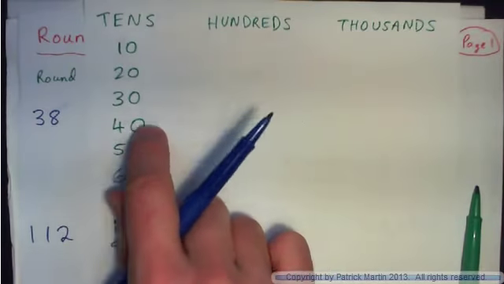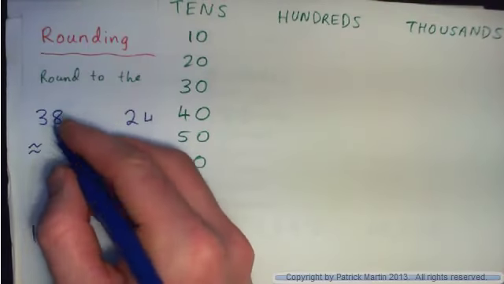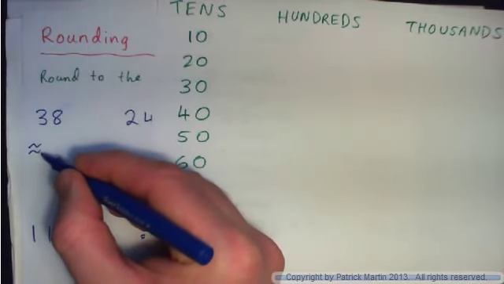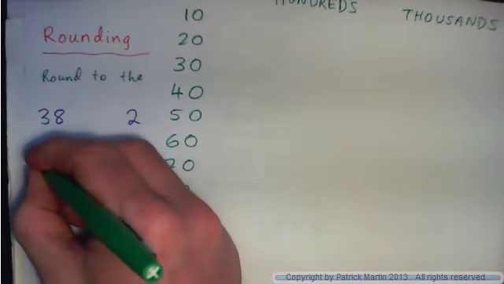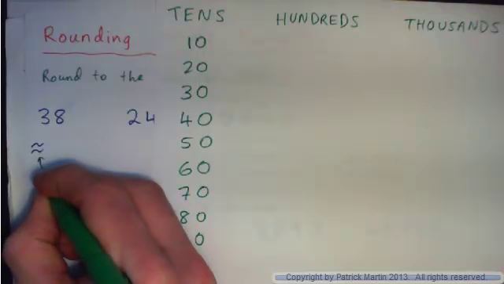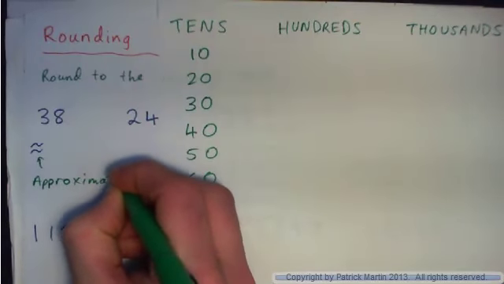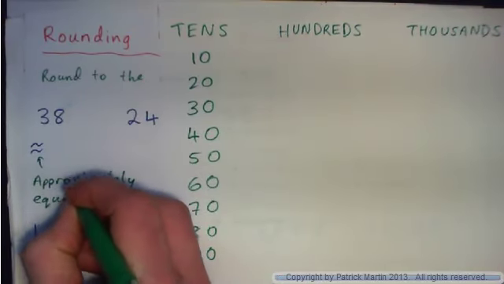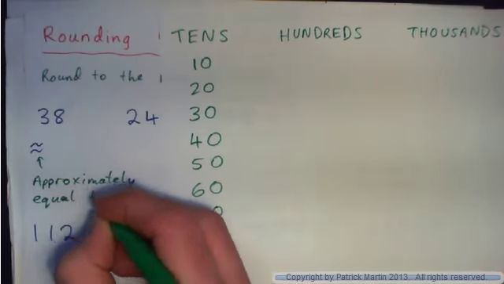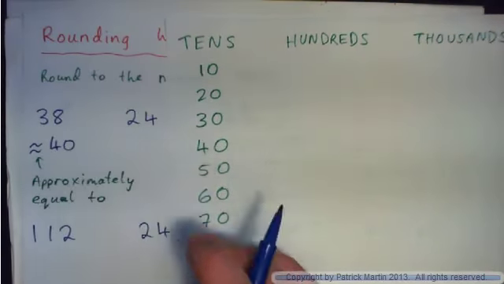And so that's why we round that, and you can do a wavy equal sign to show that it's approximately equal to. So 38 is approximately equal to 40, right?